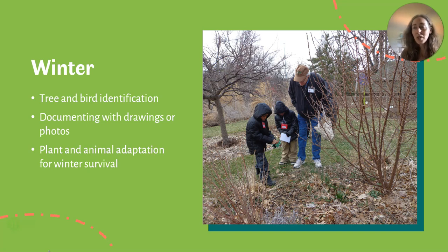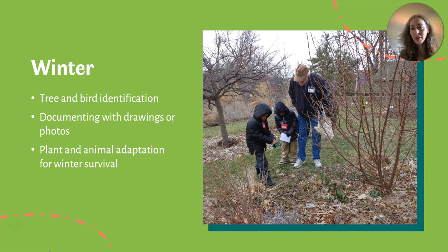Many of us learn our trees based on their leaves. Well, what do you do in winter when you can't see those leaves? Studying the branch structure and bark is another way that we can identify a lot of trees, and it's a tool that you can use particularly easily in the winter time.